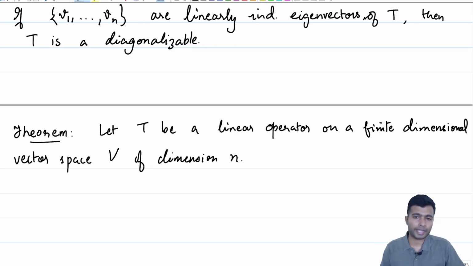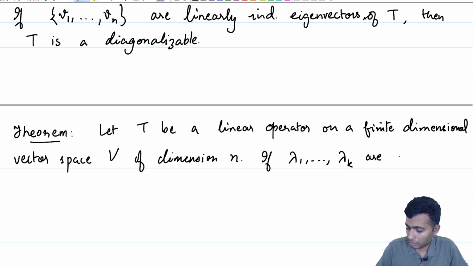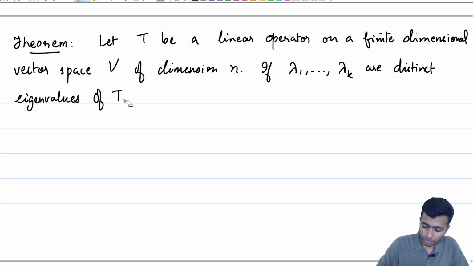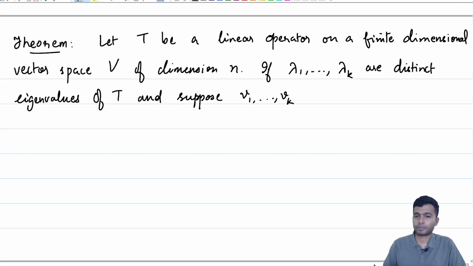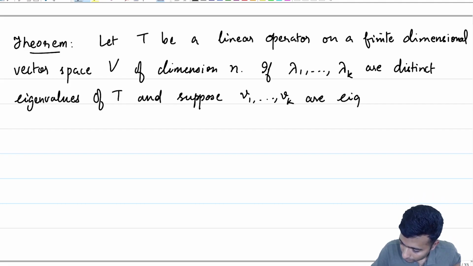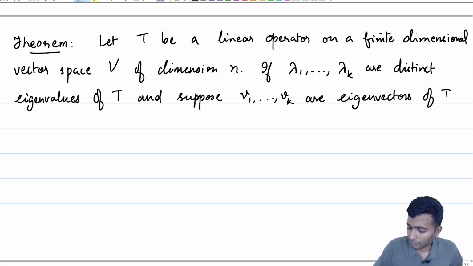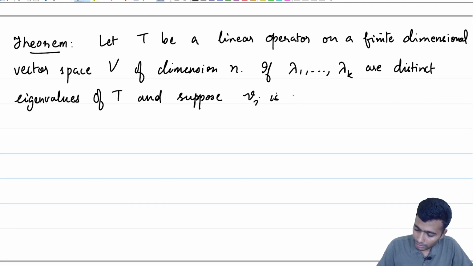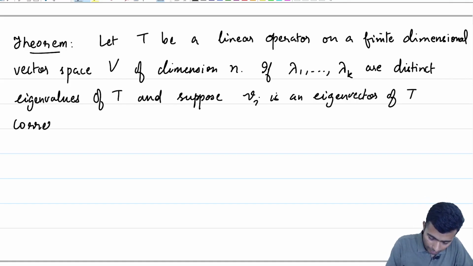Suppose we have k distinct eigenvalues of T. So, if lambda 1 to lambda k are distinct eigenvalues of T, and suppose vi is an eigenvector of T corresponding to lambda i for each i.